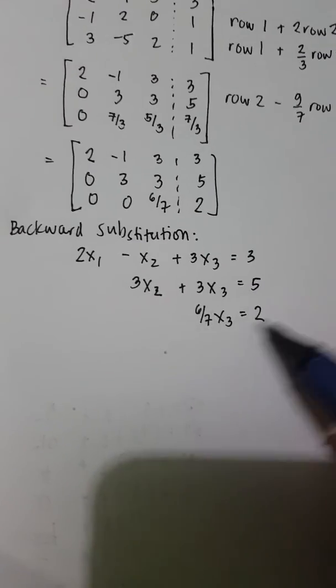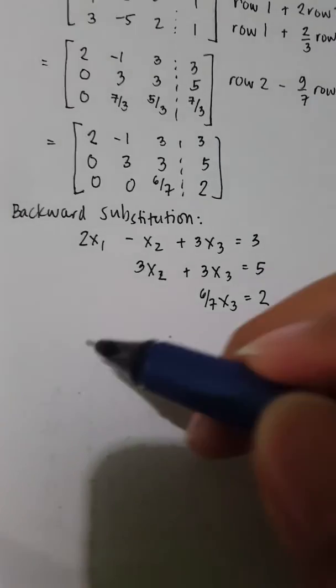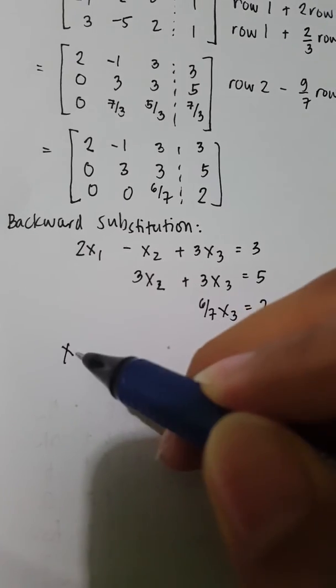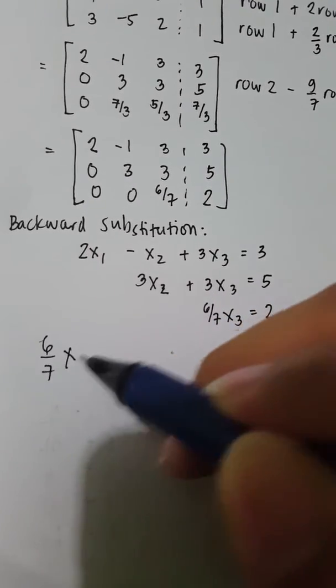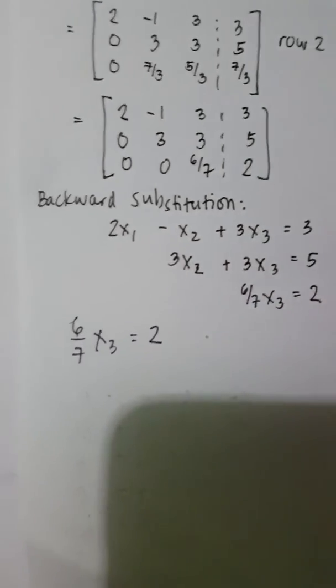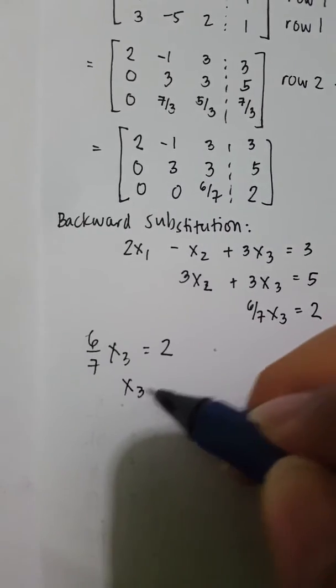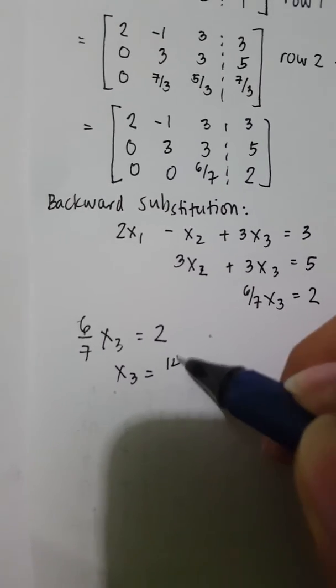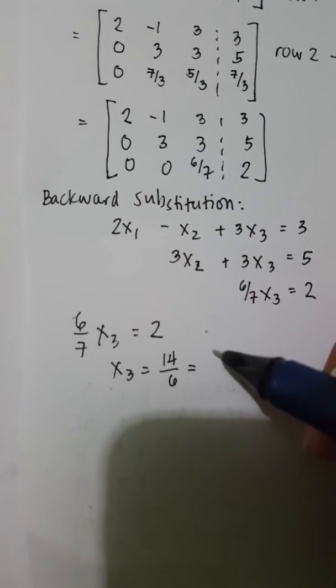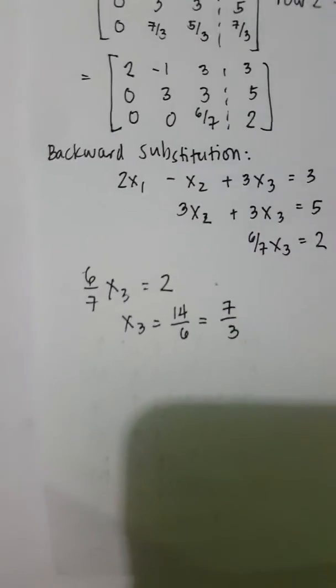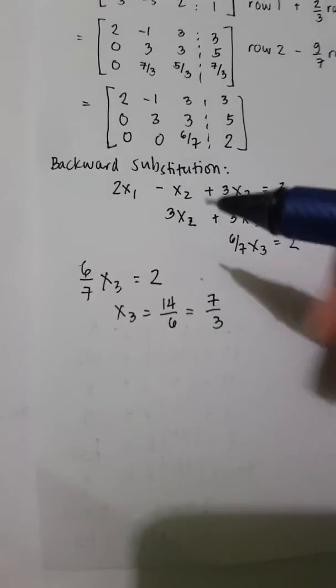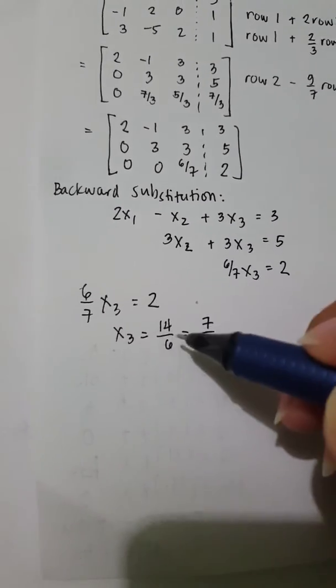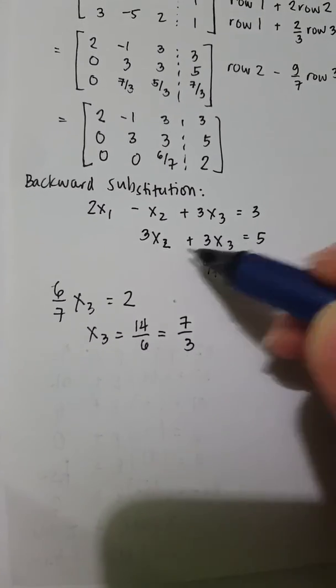So, syempre gagamitin natin to kasi yan yung pinakamadaling makuha. So, 6 over 7 x3 is equal to 2. Therefore, x3 is equal to 14 over 6 or 7 over 3. So, yan na yung value ng x3 natin. And then, pwede na natin siyang i-substitute with this one.